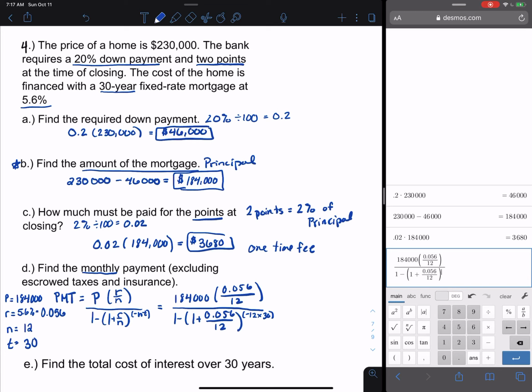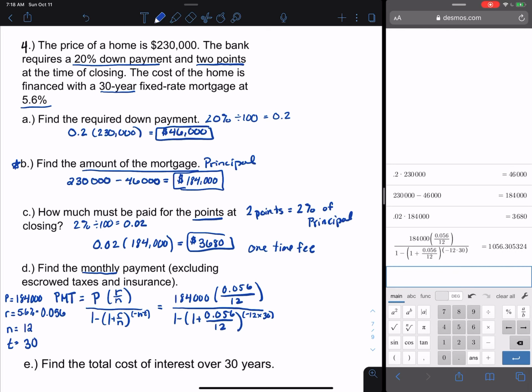Hit that a to the power of b, open the parentheses, negative 12 times 30, close those parentheses and hit enter. So we get this 1056.305324. Let's round to the nearest cent. So that 5 tells us to bump that 0 up. So we'll have 1056.31 as the monthly payment.